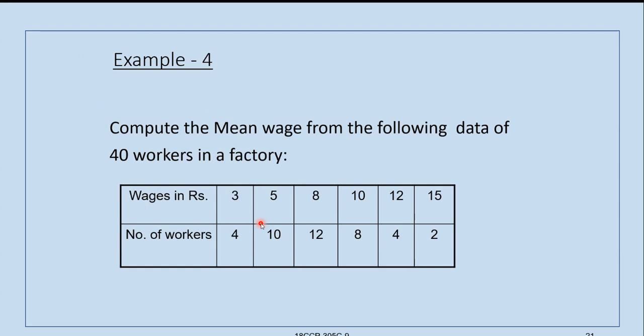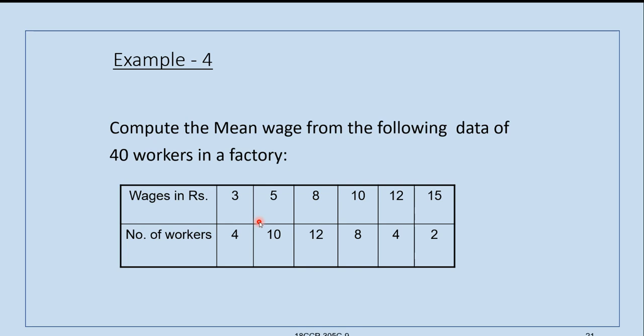Now we will see another example. Compute the mean wage from the following data of 40 workers in a factory. Now the wages are 3, 5, 8, 10, 12 and 15. And the frequencies are given in the second column, that is number of workers.